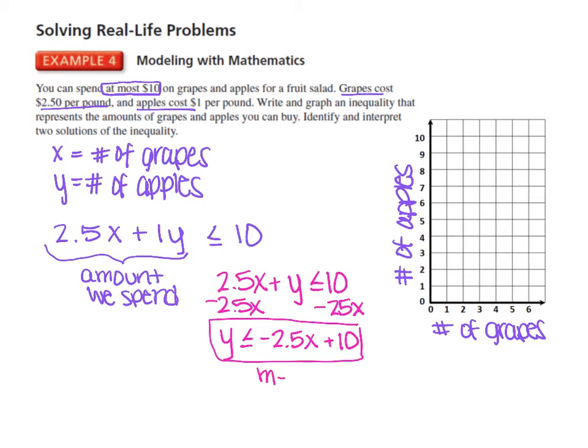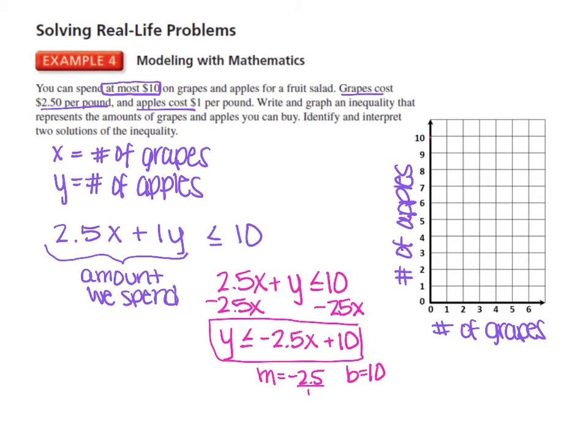So m is negative 2.5 and my b is 10. I can put that over 1, or I could change it to a fraction and it would be negative 5 over 2, right? But I could just leave it as negative 2.5 over 1 because 0.5 is okay to go by on a graph or to count.